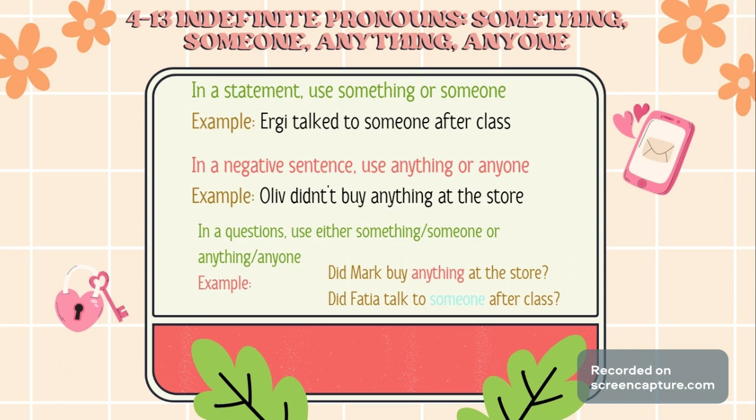And in a question, use either something or someone or anything or anyone. Example: Did Mark buy anything at the store? And did Fatia talk to someone after class? Okay, yes, simple.